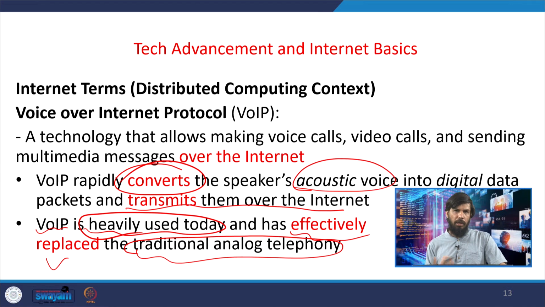So, there are fewer chances of calling the wrong person. There are other reasons that add up, but essentially VoIP technology, for example WhatsApp calls and other calls, is effectively replacing traditional analog telephony. Traditional calls via mobile phone or smartphone, that usage is reducing day by day.